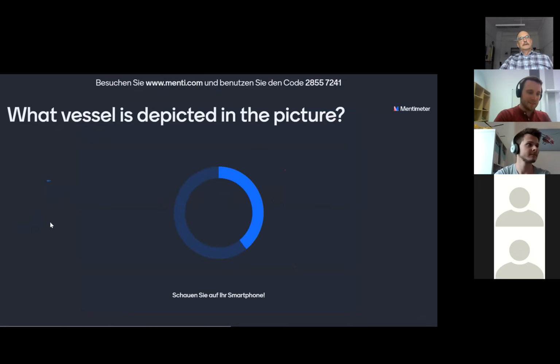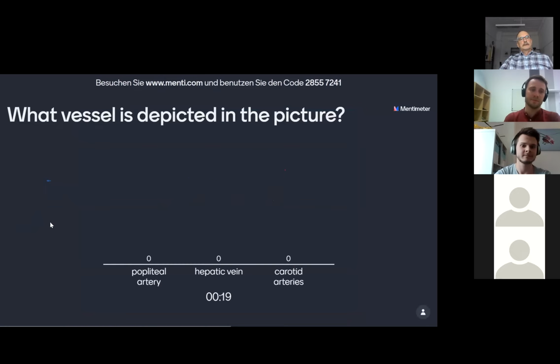And now, what vessels are shown in the picture? Easy question, but important one.